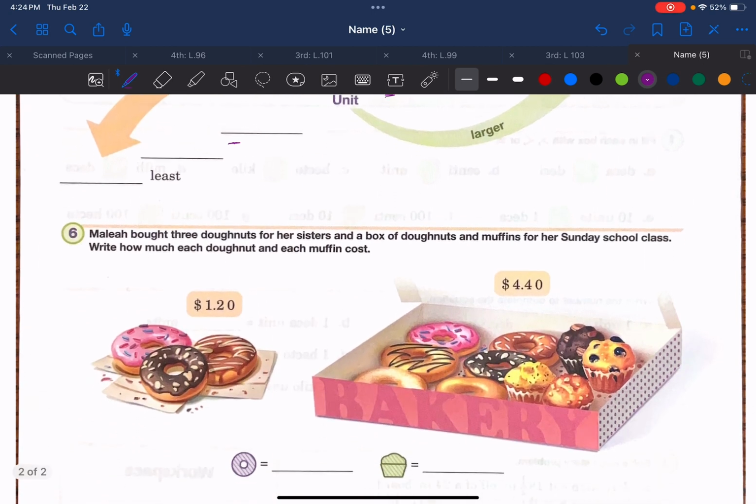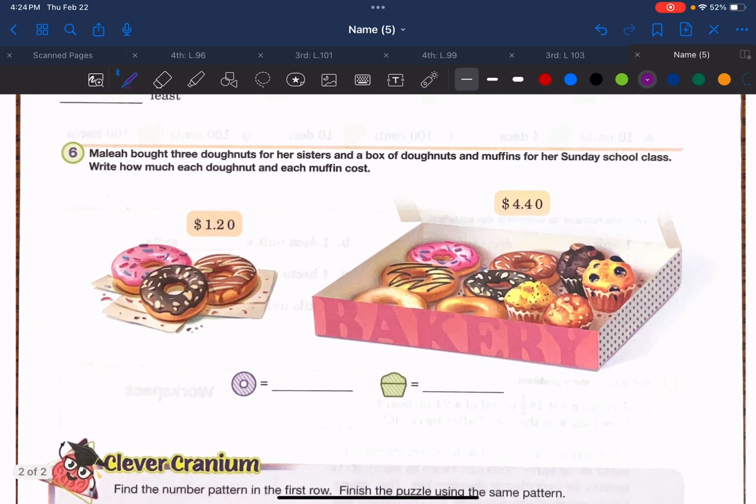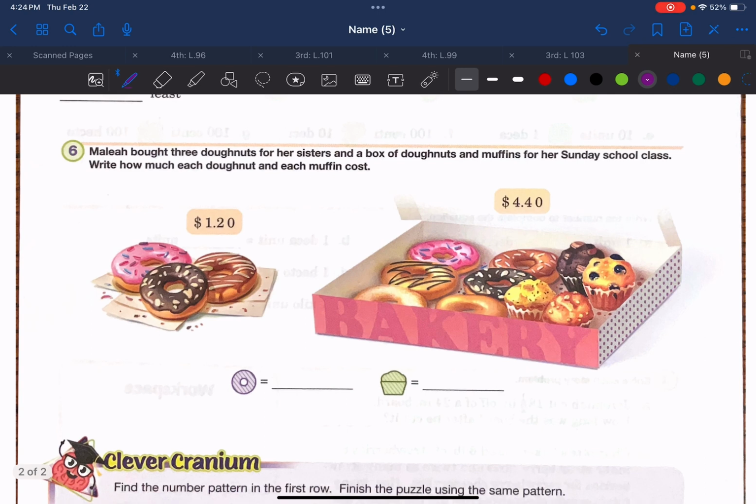And then you have another story problem. Malaya bought 3 donuts for her sisters and a box of donuts and muffins for her Sunday school class. Write how much each donut and each muffin cost. So what is listed here, $120, that is how much she paid.